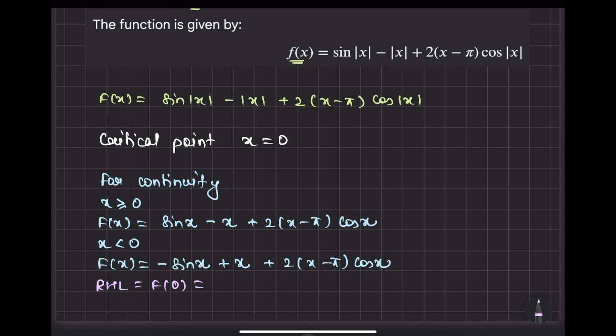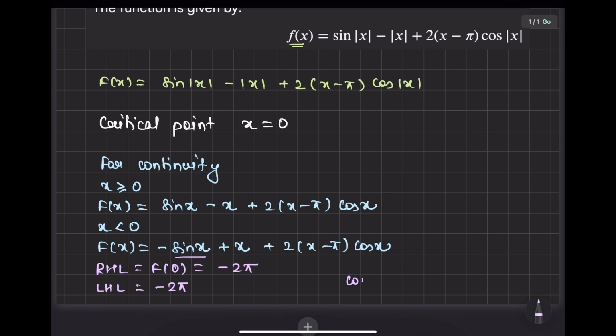So minus 2 pi. Now LHL. For LHL, you will be using this definition. So again sine 0 is 0, this is 0, cos 0 is 1, so it is again minus 2 pi. So clearly the given function is continuous at x equals 0.